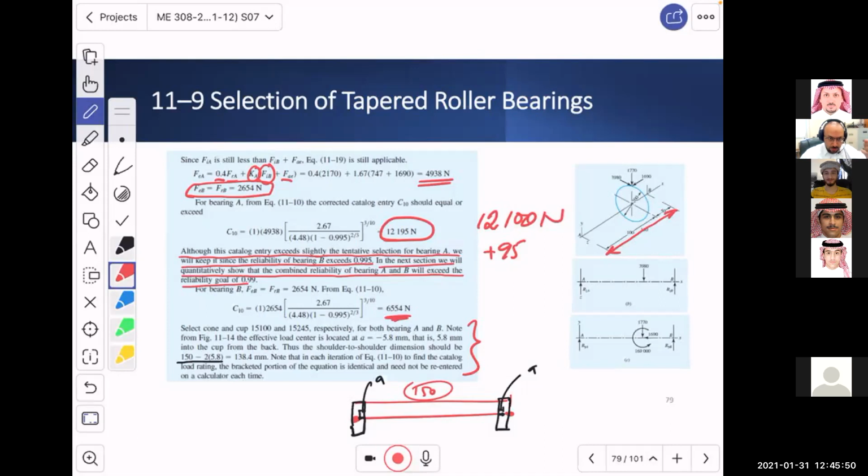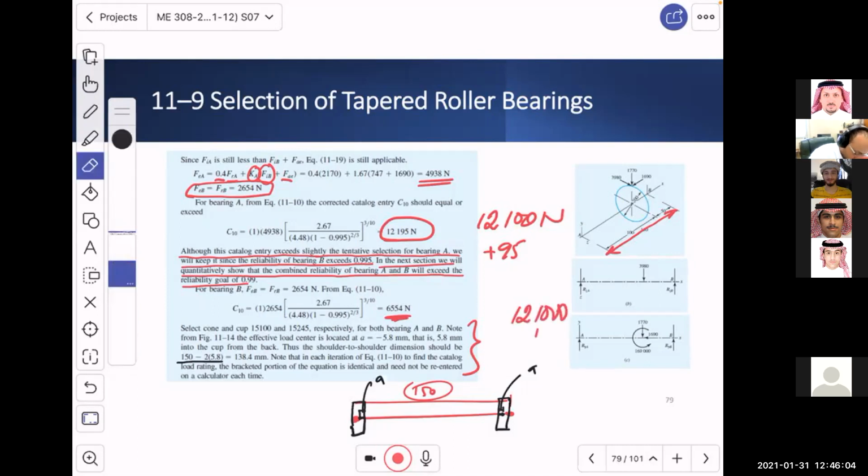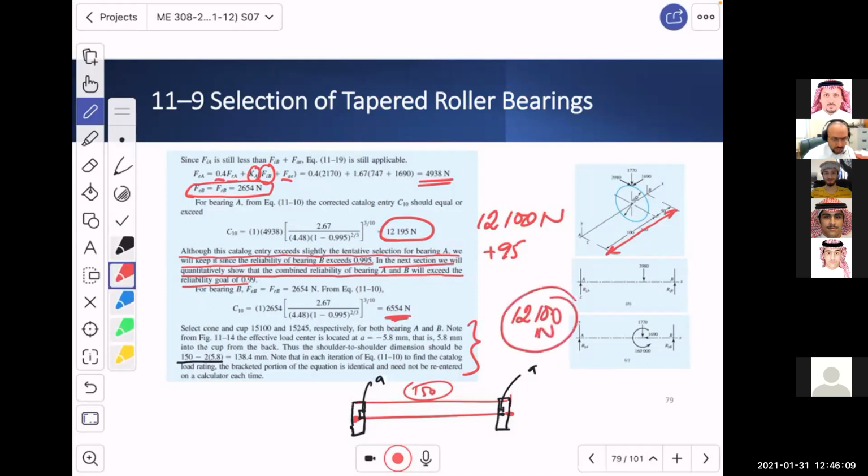Now, and that's what we are going to do next class, if you take the catalog value, 12,100 Newton, sorry, not 12,100 Newton, this is the catalog value. If you take the Weibull distribution, put A, put B, everything here, solve for R.